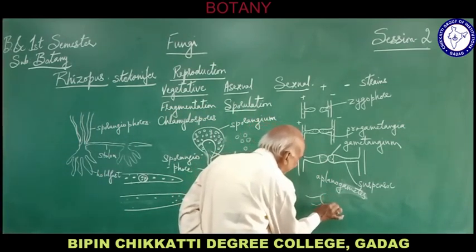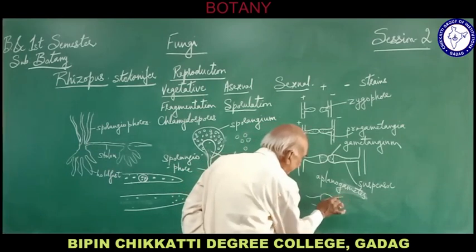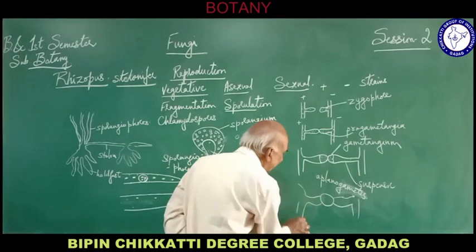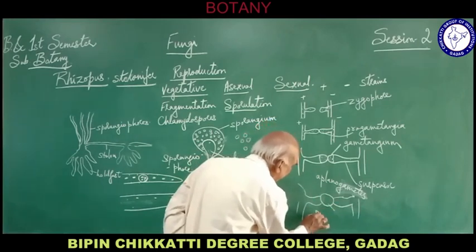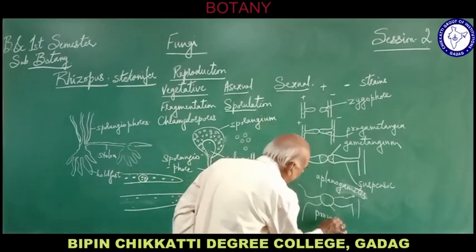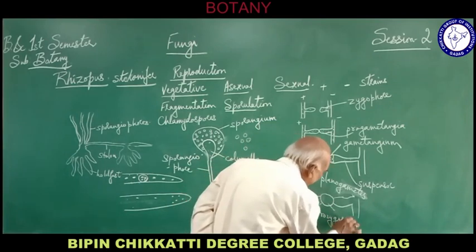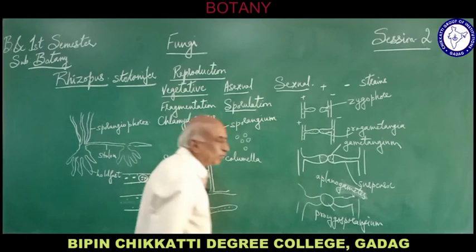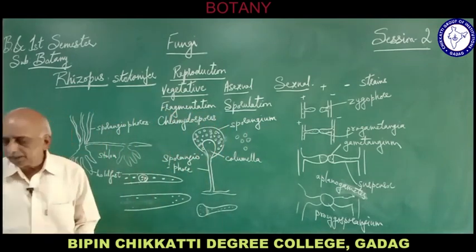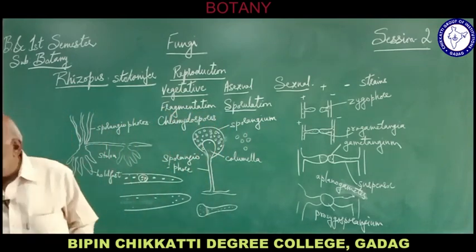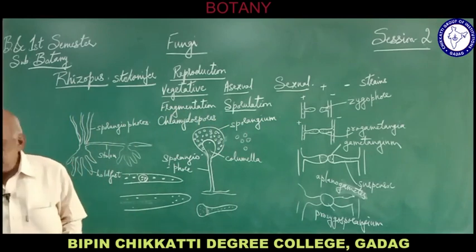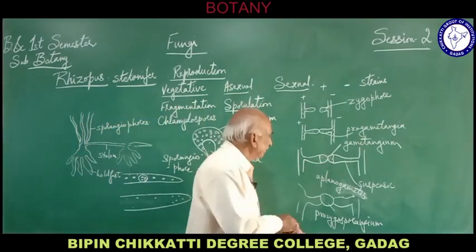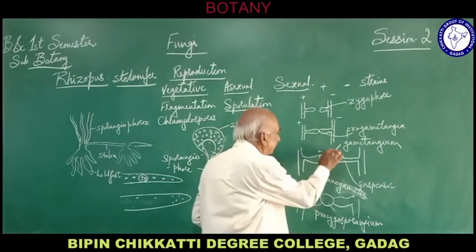This is the fused structure of the gametangia, which is called the prozygosporangium. The prozygosporangium is formed by the fusion of the aplanogametes of plus type and minus type. This is the plus type and this is the minus type.